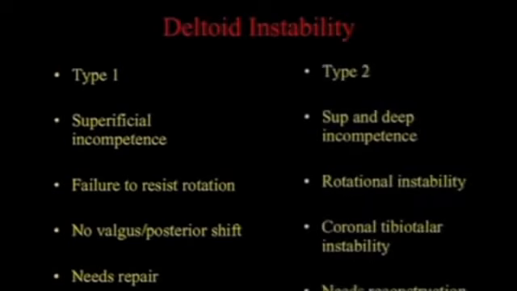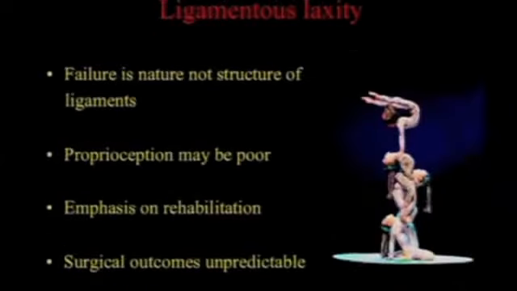There's a classification, but I wouldn't worry too much about it. What you have to see is if there's superficial incompetence and pain, you can get away with just repairing it. If it's completely gone on the medial side, you really have to think about reconstructing with either an autograft or some kind of allograft.